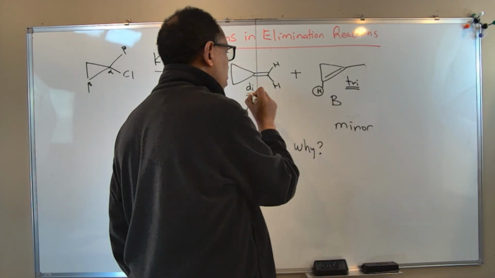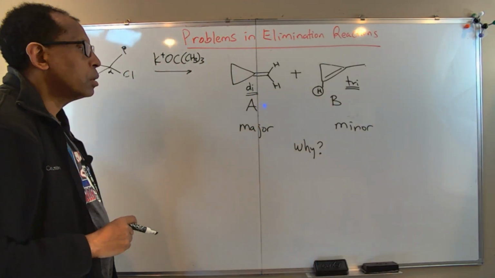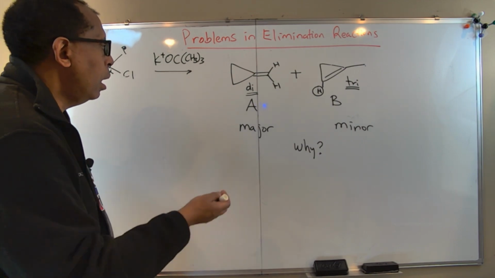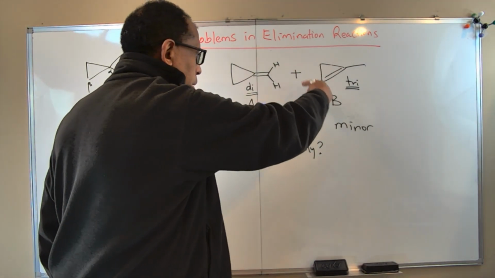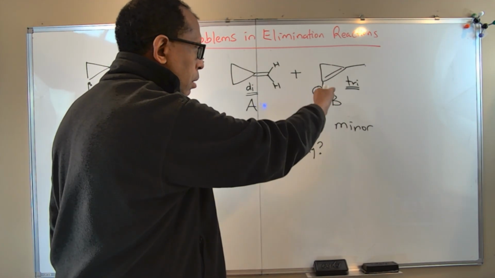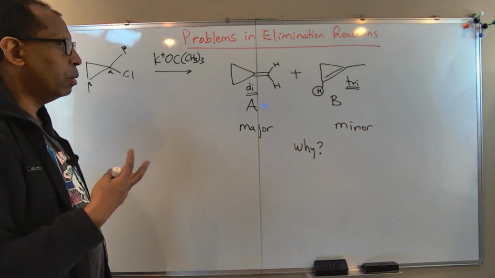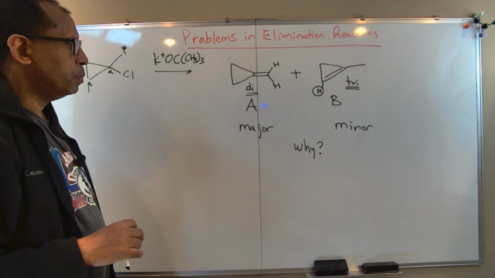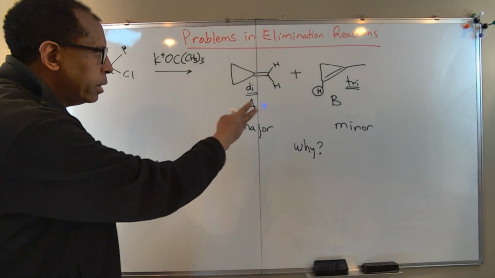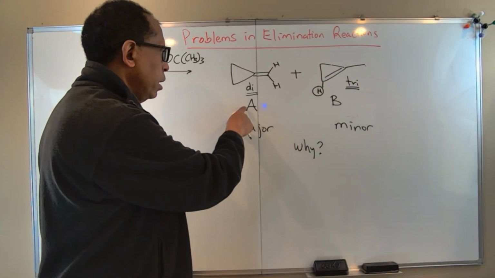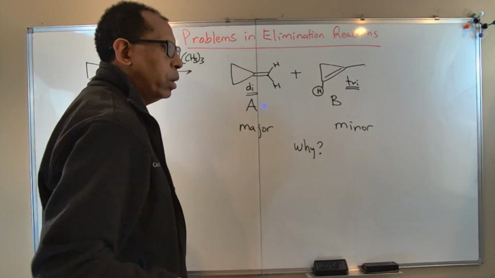This is a disubstituted alkene. So the question is, from the Saytzeff rule, the major one should be B, right? Because a more substituted alkene would produce a more stable alkene. But why is it different now? If you just look here, the major one is A, but the minor one is B.